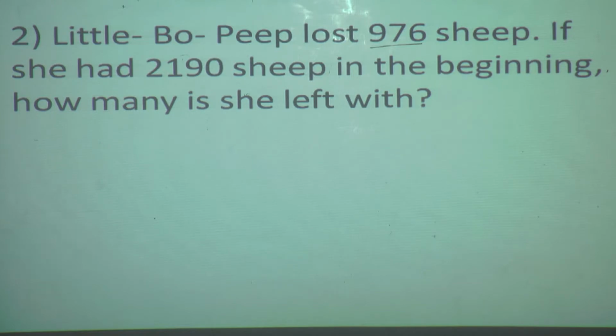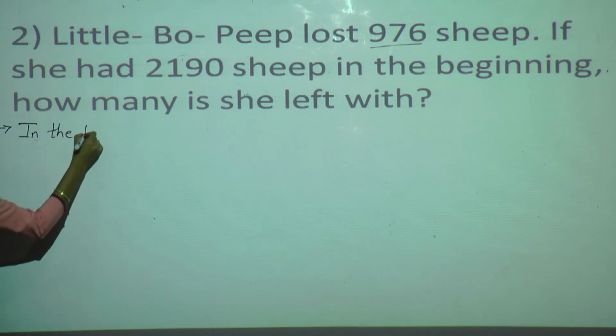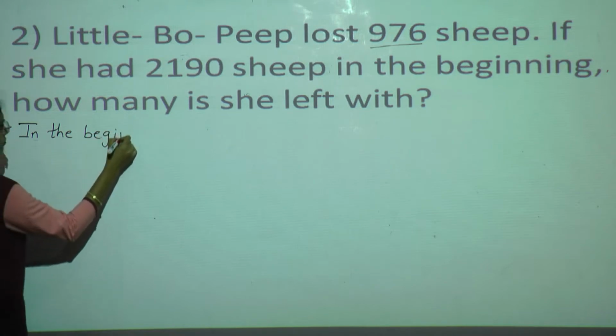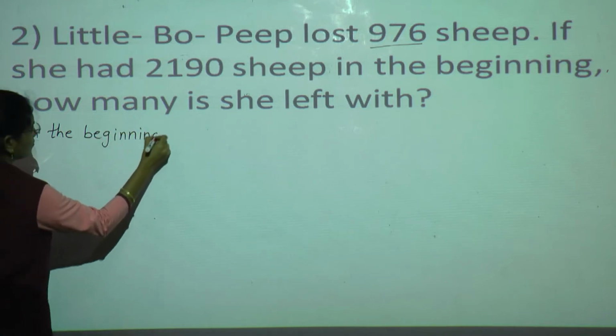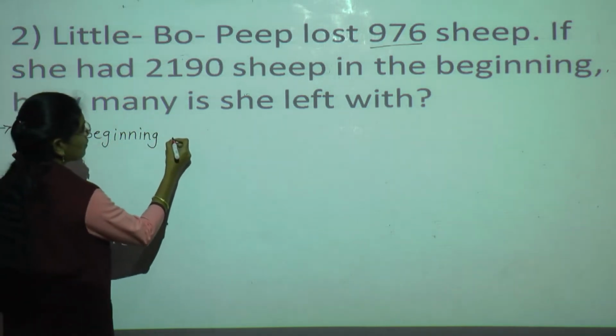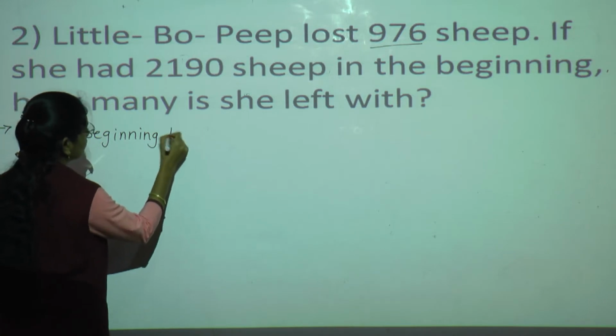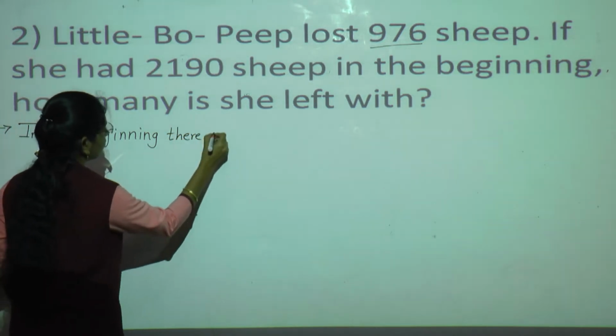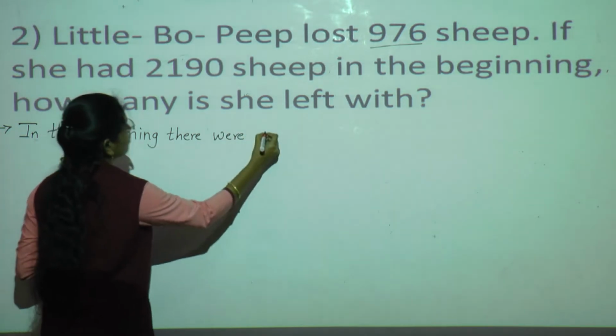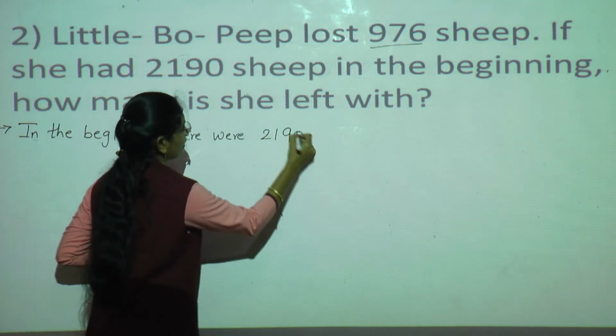First of all, what will we write? Number of sheep in the beginning. In the beginning, how many sheep were there? There were 2190 sheep.